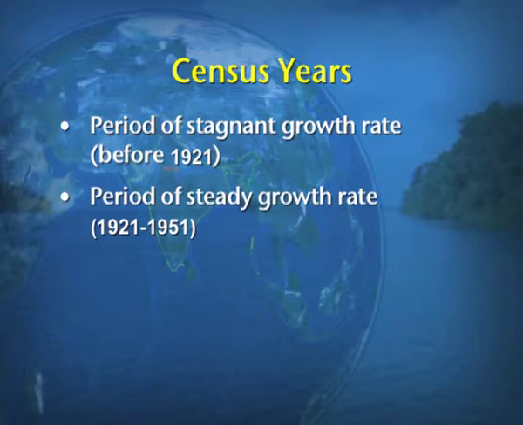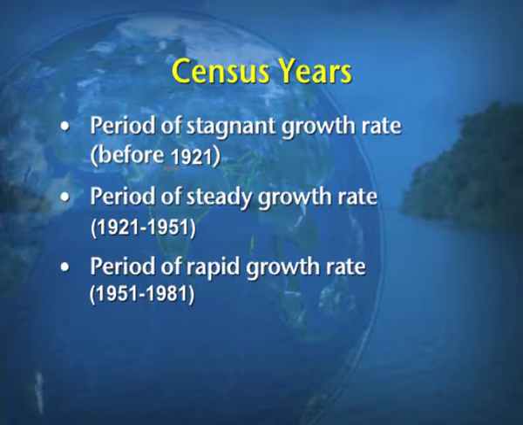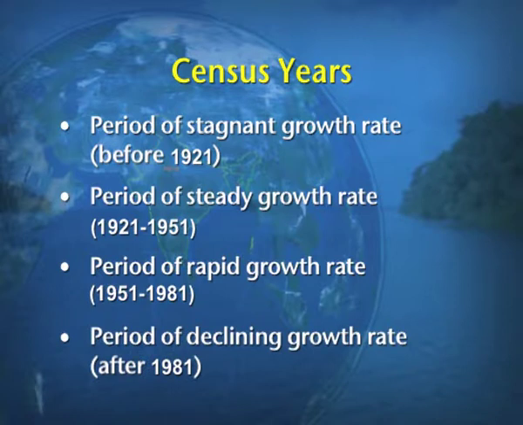The third is the period of rapid growth rate from 1951 to 81, and the period of declining growth rate, that is after 1981. All these four stages of the growth rate we will be discussing separately.